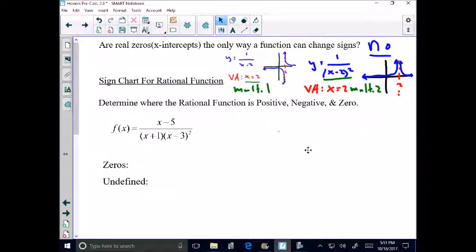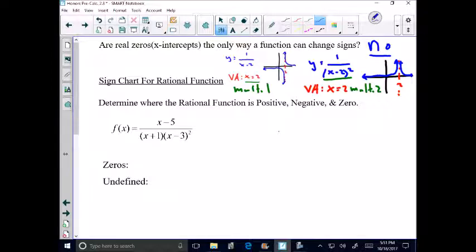So in general, when we're going through and evaluating these sign charts for rational functions, we're going to find the zeros from the numerator, which are going to give us x-intercepts, and we're going to find the zeros from the denominator, which are going to be vertical asymptotes, and we are going to mark those vertical asymptotes and those x-intercepts off on the sign chart, and then evaluate the sign chart in the exact same way that we did before.